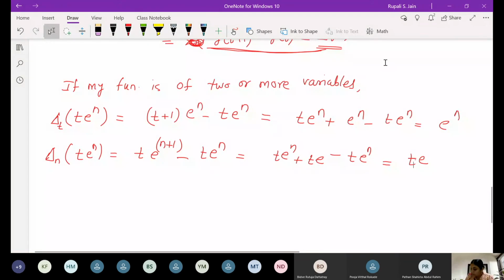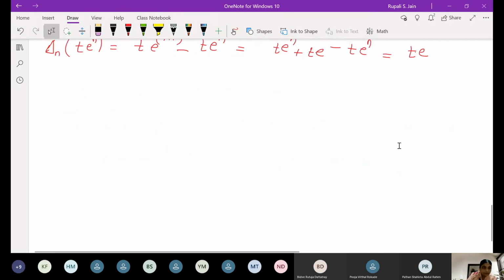Okay. Now what is delta square of yt? Another property we can say. Delta square of yt, the second order difference operator of yt, will be nothing but delta of delta yt.